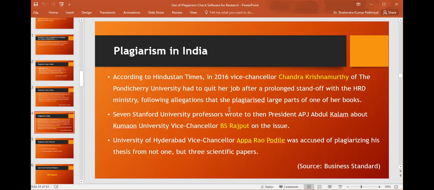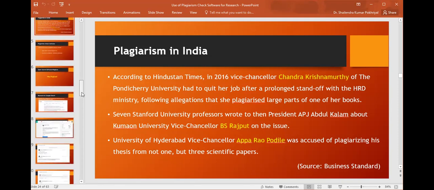Seven Stanford University professors wrote to then President APJ Abdul Kalam about Humayun University Vice Chancellor B.S. Rajput on a similar issue. One more: University of Hyderabad Vice Chancellor Appa Rao Potail was accused of plagiarizing his thesis from not one but 3 scientific papers. So you can imagine, very top position people.